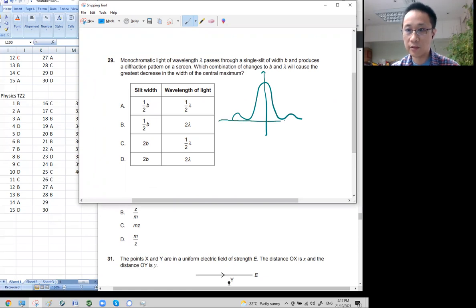That's kind of badly drawn, but it's okay. So this is the angle, the first minimum angle given by this equation. So to decrease the width of the central maximum, you basically need to decrease theta. So to decrease theta, you either decrease the wavelength or you increase the b.